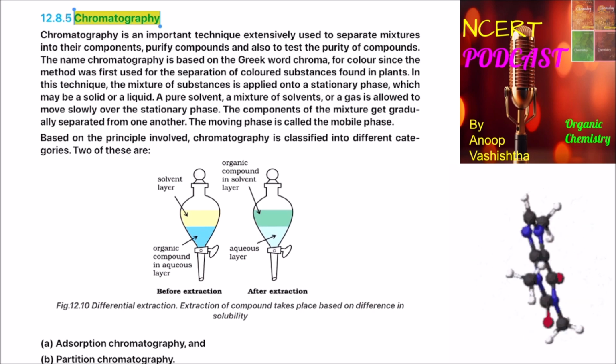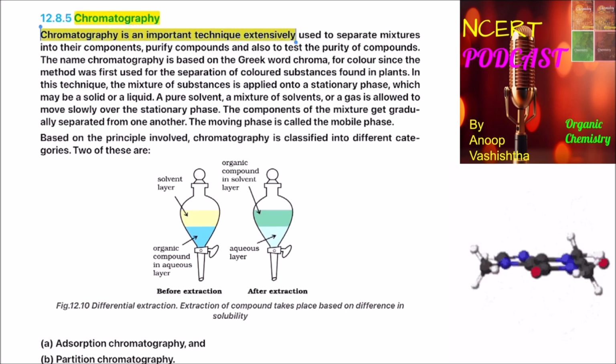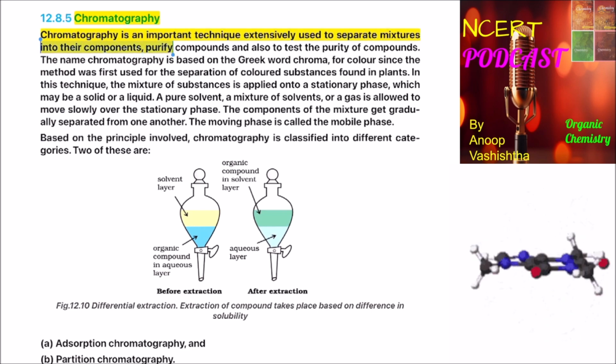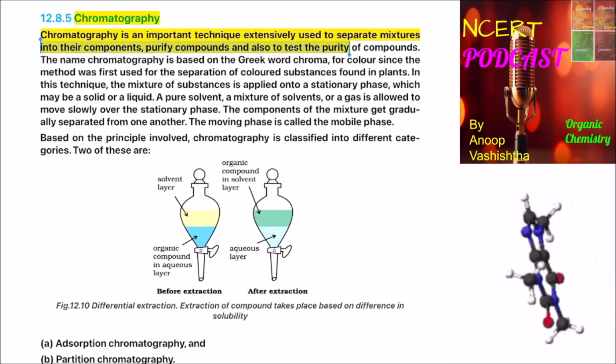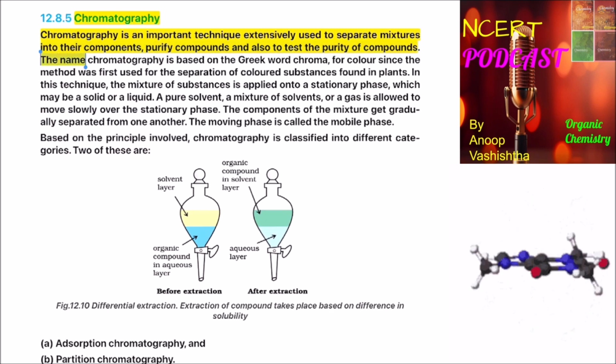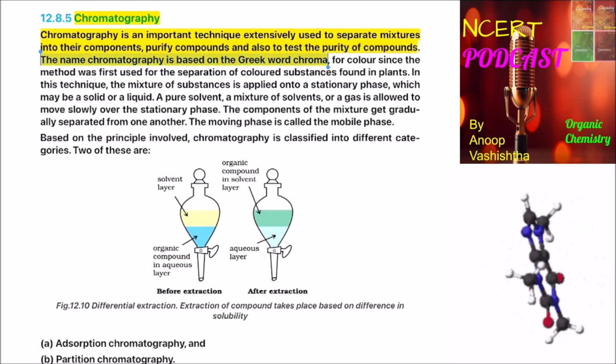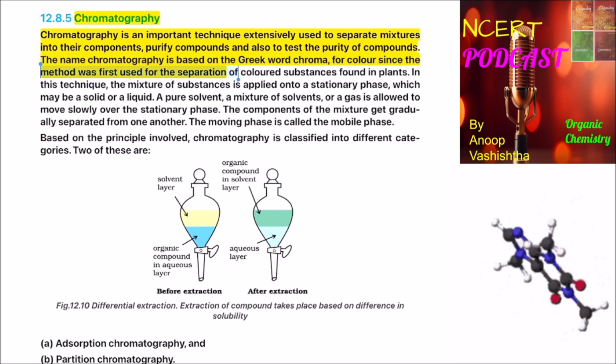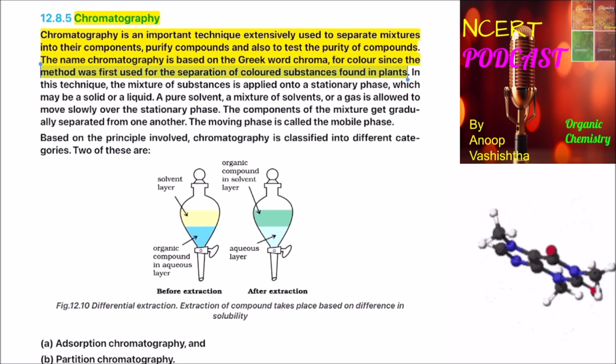Chromatography. Chromatography is an important technique extensively used to separate mixtures into their components, purify compounds, and also to test the purity of compounds. The name chromatography is based on the Greek word chroma for color, since the method was first used for the separation of colored substances found in plants.